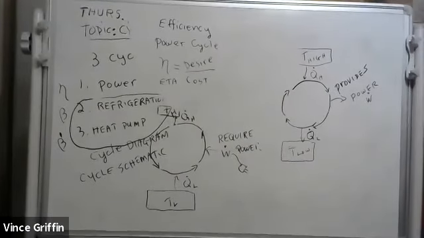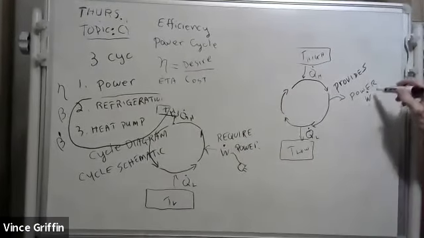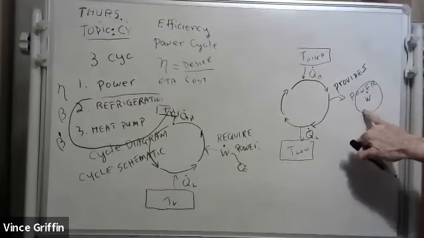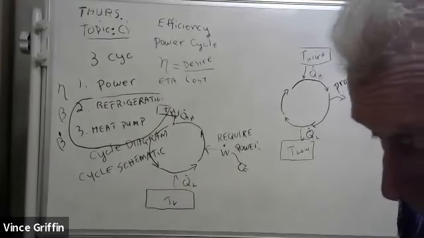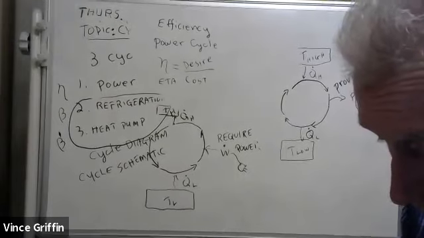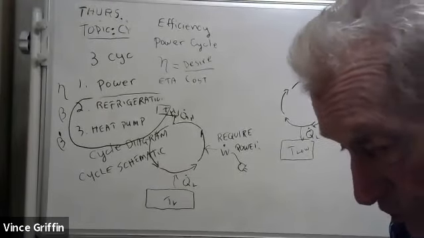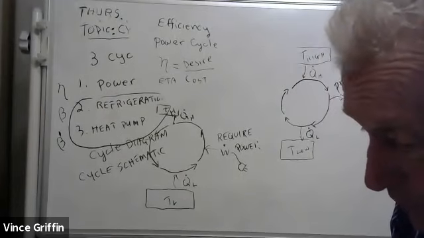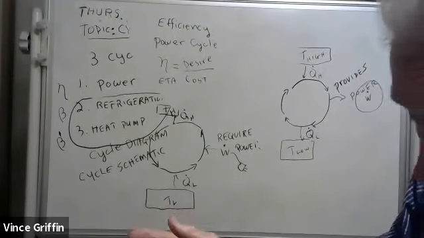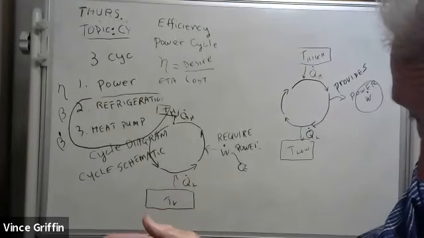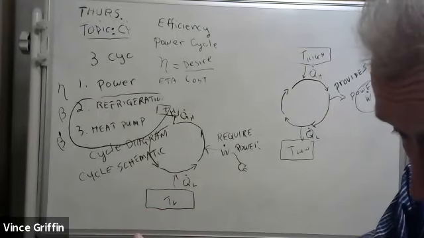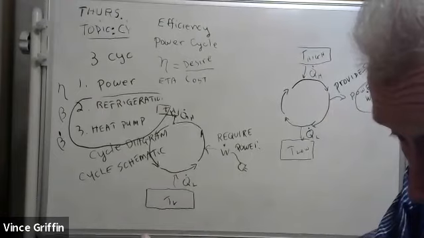Now, for a heat engine, what you desire is this power on your lawnmower. Now a lawnmower actually has a heat transfer to the environment. If you put your hand on the exhaust, chugga chugga puff puff, that exhaust is blowing hot air on your hand.